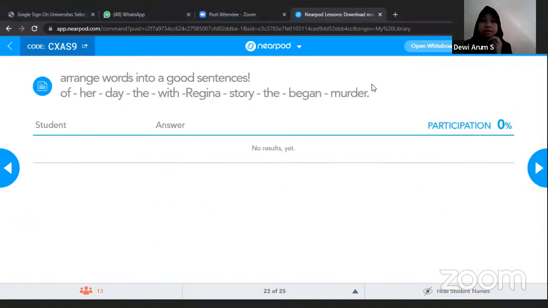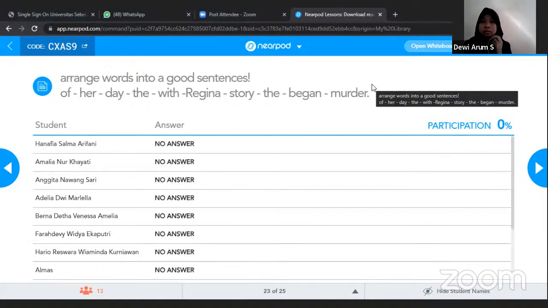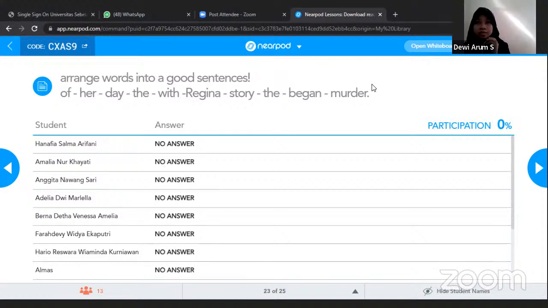Okay, everyone. In this session, you have to arrange words into good sentences. So in this session, there is a sentence, but in random arrangement. So you have to rearrange it into a good sentence.